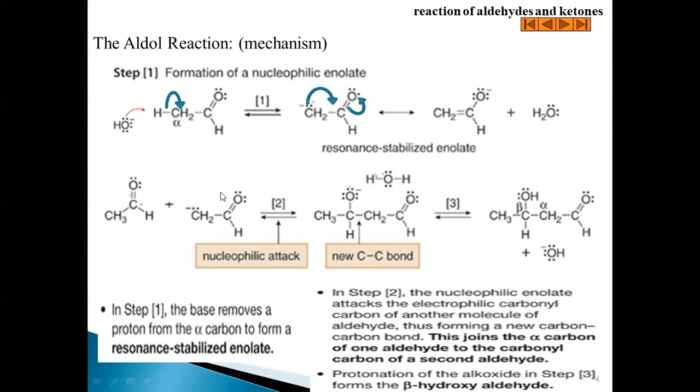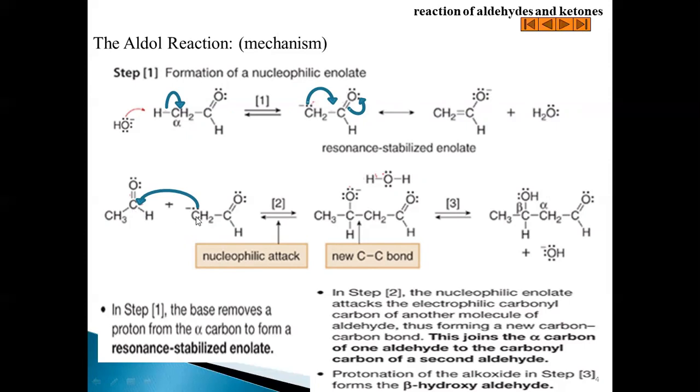So this is the enolate obtained in step 1. This enolate has a nucleophilic carbon, an electron rich carbon, that will attack another molecule of aldehyde.